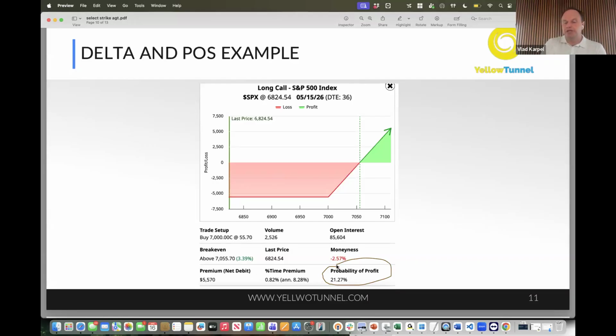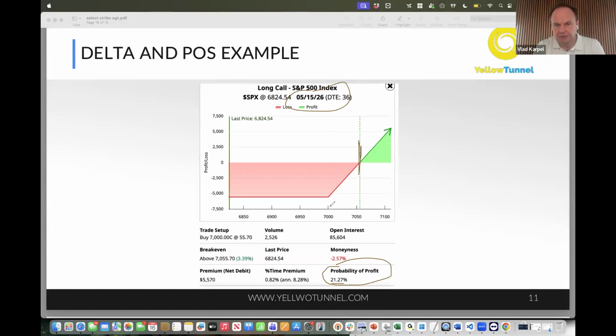It gives you the correlation of the move of the option versus the stock, but it also gives you probability. If the delta is 21, usually it's a quick approximation that by this date there is only a 21% chance that we could get to the 7,000 level.